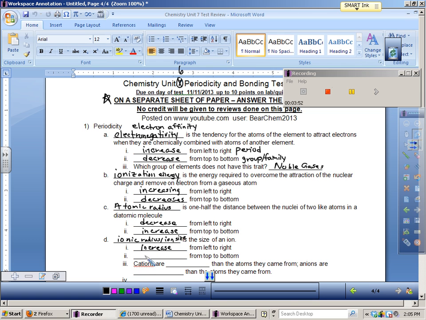And then as we go top to bottom, it's also going to increase, again, because in this case, we are adding energy levels. Cations are always going to be smaller than the atoms from which they came because they're giving away electrons, while anions are always going to be larger. This concludes the section on the definitions of our periodic trends.